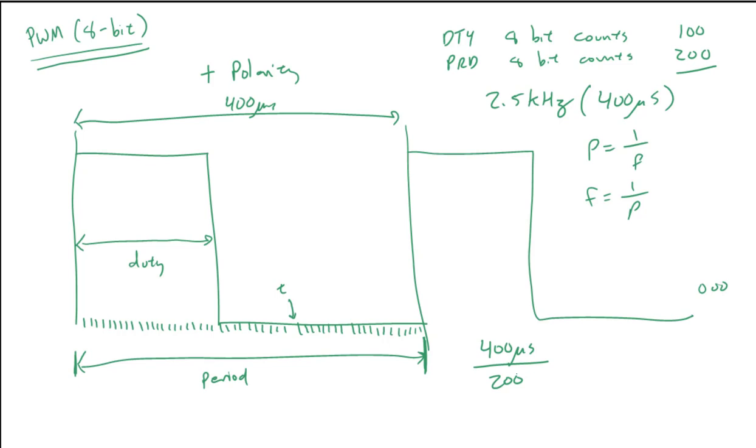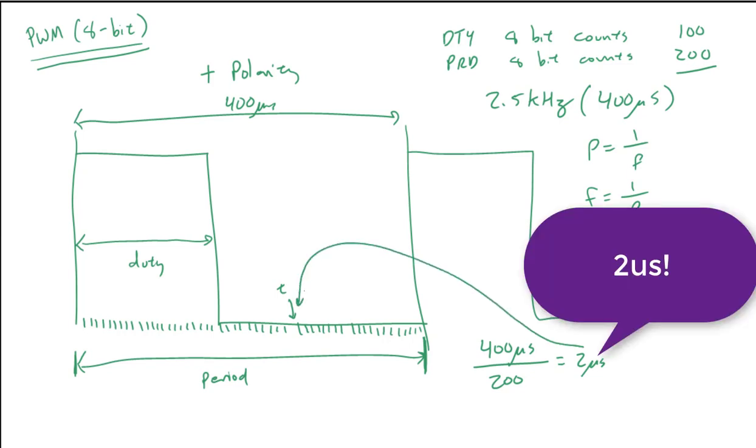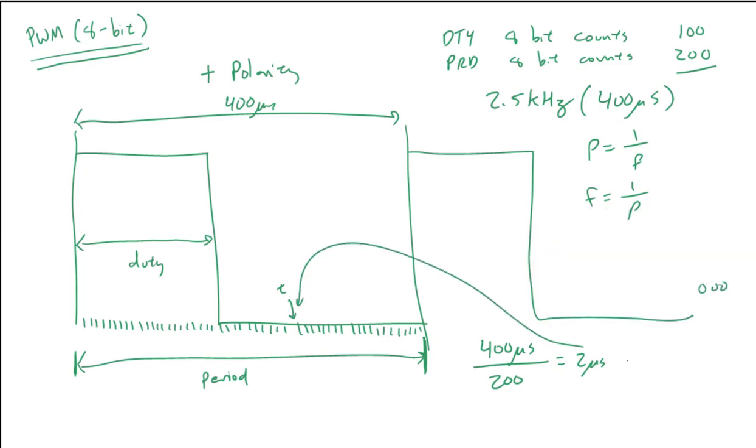If we do the math on that, you will find out that this ends up being a pretty small value. This ends up being 2 microseconds. So each one of these little chunks is 2 microseconds, and that's going to be the period of the PWM clock.